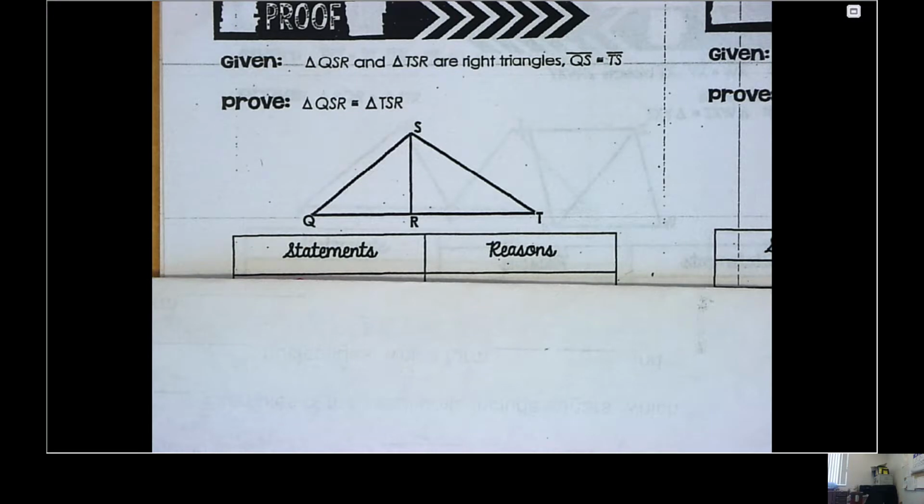If you've got more than one piece of given information, make sure you write all of your given stuff down. Multiple givens.